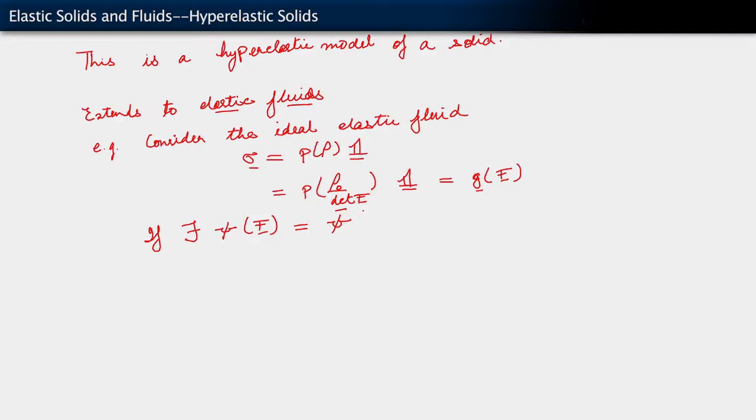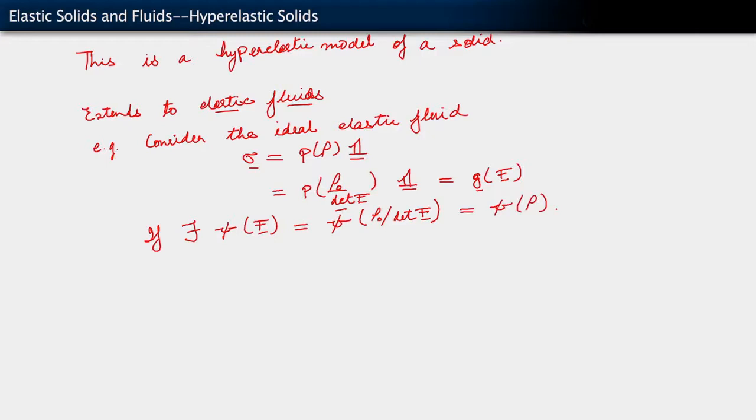It depends upon F through some other function, but that argument after all is just our current mass density. So we're saying that for this elastic fluid, let's suppose that we have this type of dependence.